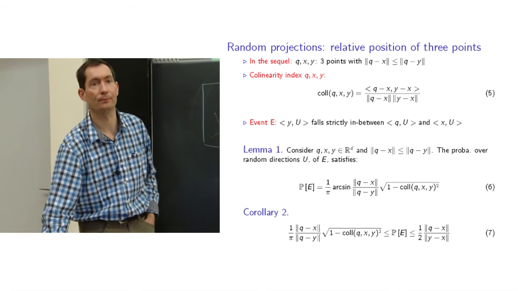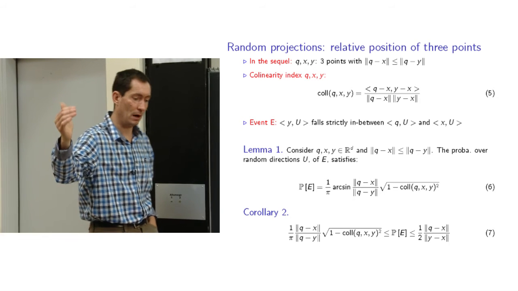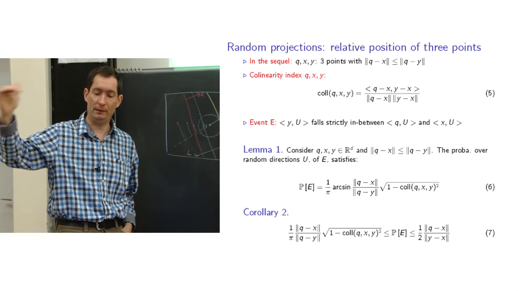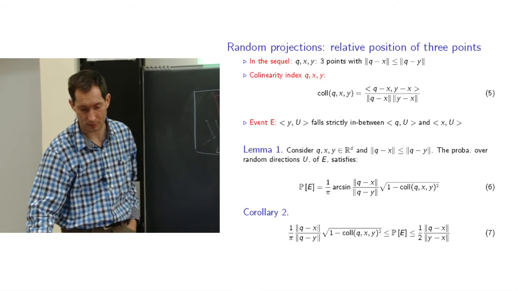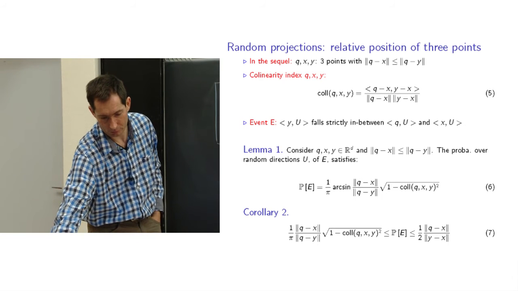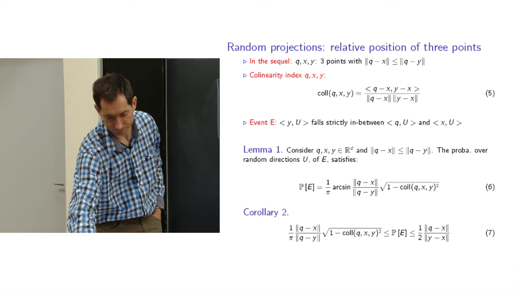Right? So this is the probability to have y projected between q and x, even though the distance between q and y is larger than the distance between q and x. And then you have two simple bounds, which use properties of the arcsine, which I'm stating here.